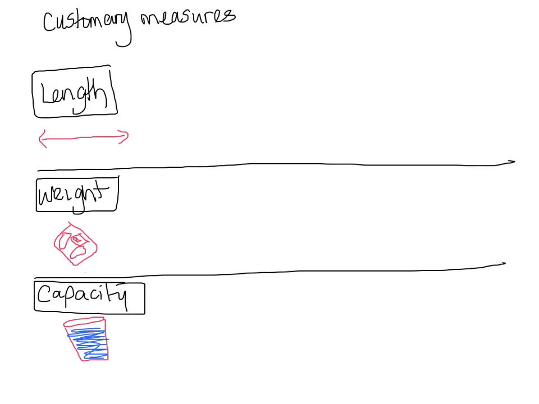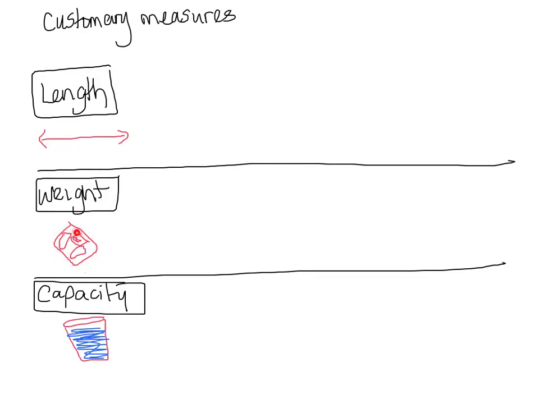All right, in the customary measurement system, this is more familiar to you, but you may not have a lot of these things memorized, and I'm not going to throw a lot of these at you, just some key ones that I think are helpful to know as an adult. There are measurements in the customary system for length, and I did the picture of the measurement line. So length is how far or tall or wide something is.